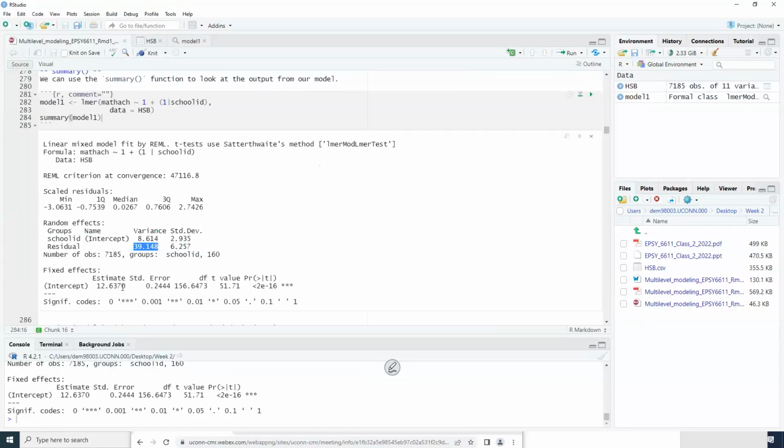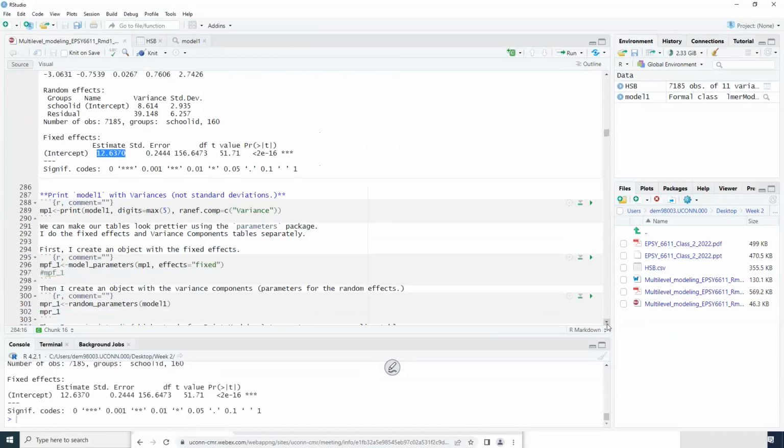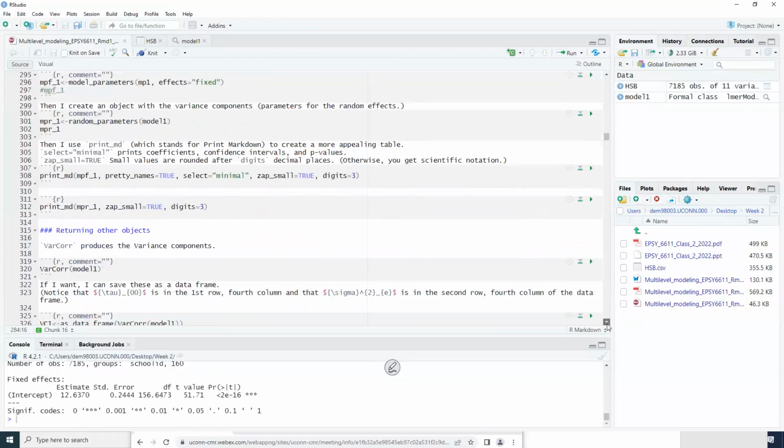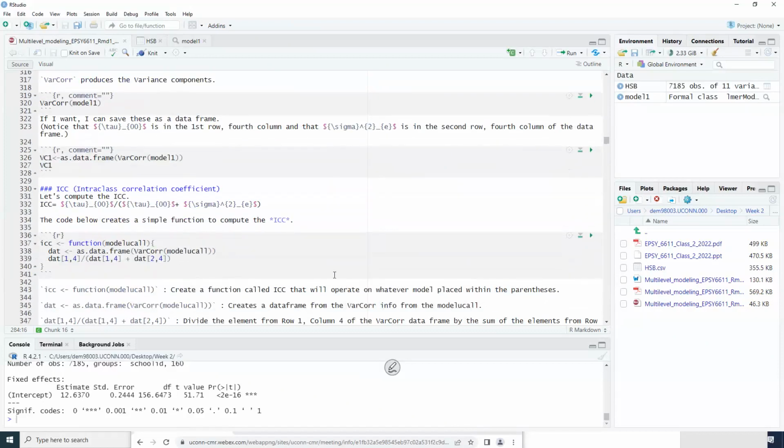And the only other parameter that we're really interested in here is the model predicted math achievement. Again, we have nothing else in the model here. So basically this should be very close to, or basically be, the overall mean. And that's 12.637.